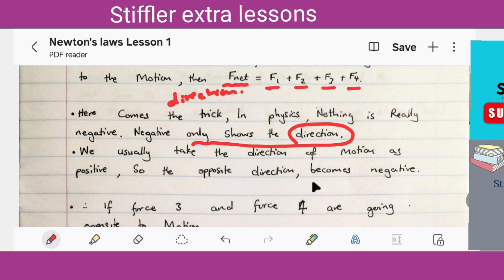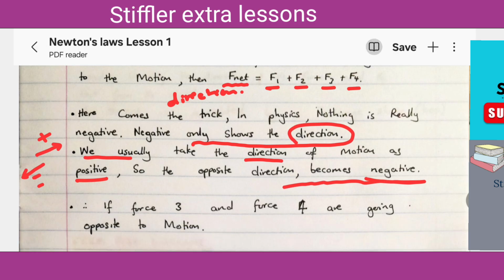In terms of Newton's laws, we usually take the direction of motion as the positive direction. So if our object is going to the right, each and every force going to the right will be positive. And all the forces that go to the left will automatically become negative. It doesn't mean that this force is negative. It just means that this negative is giving us the direction. So this is the importance of direction when it comes to physics.